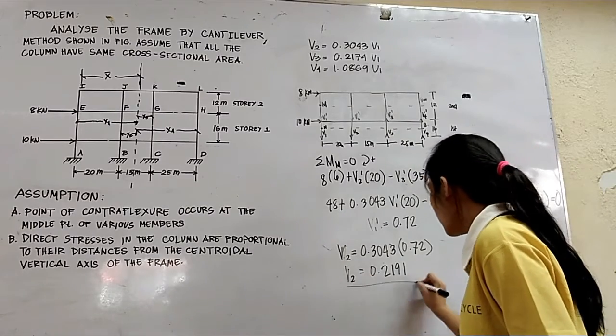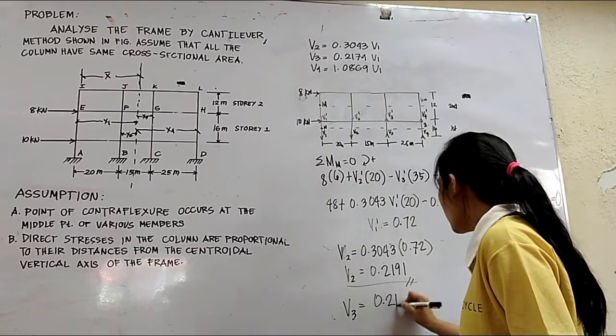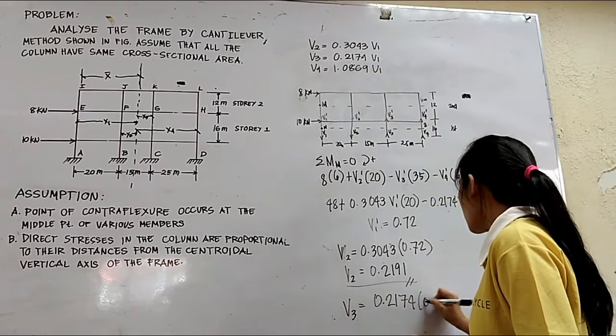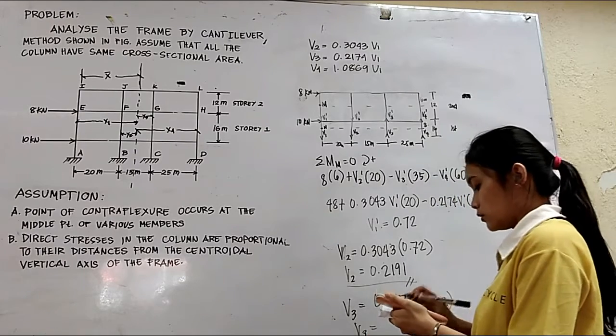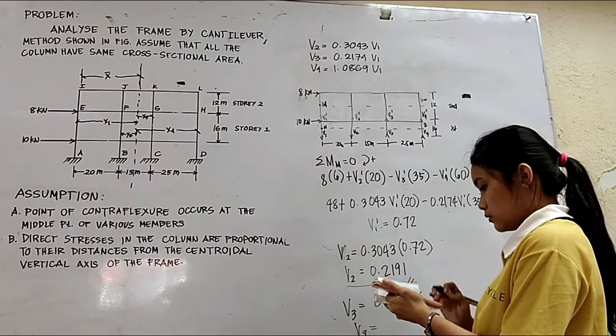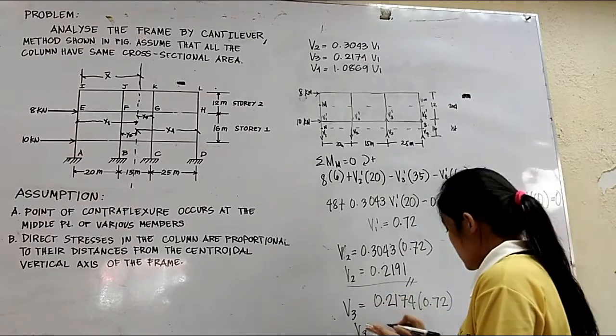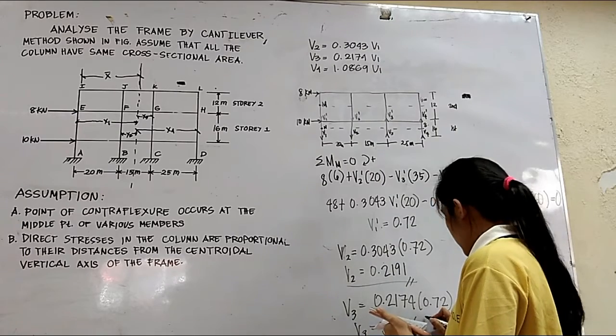So, for V3, 0.2174 times 0.72, V3 is equal to 0.1566.